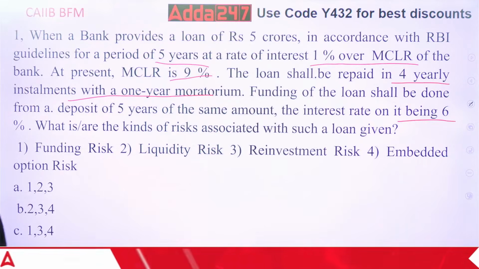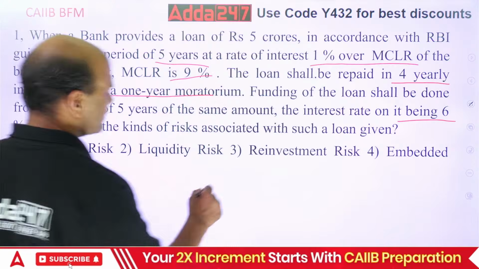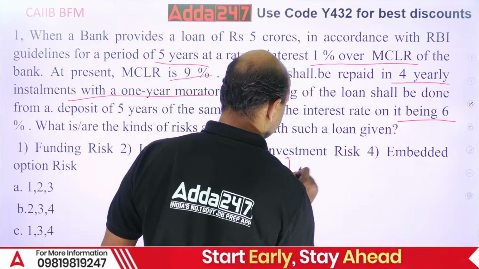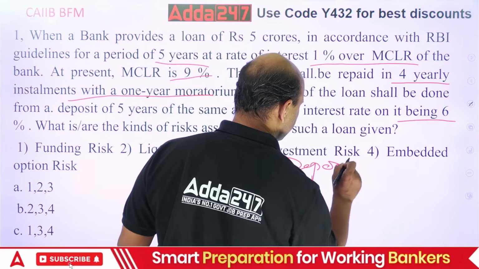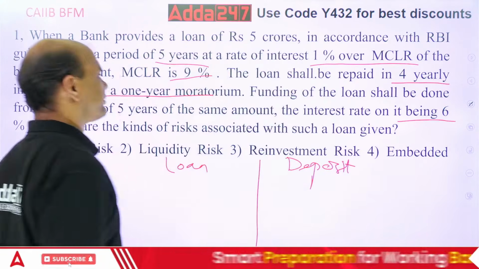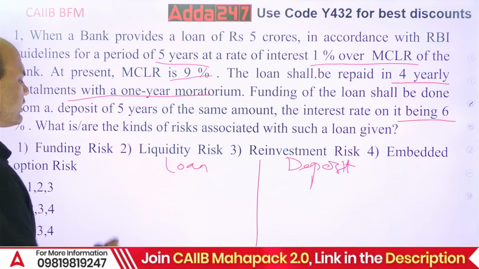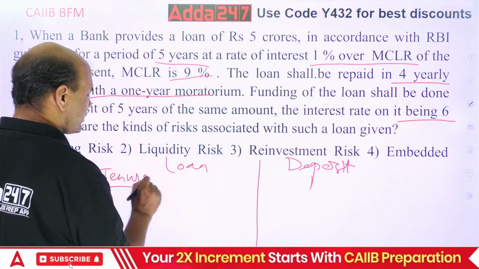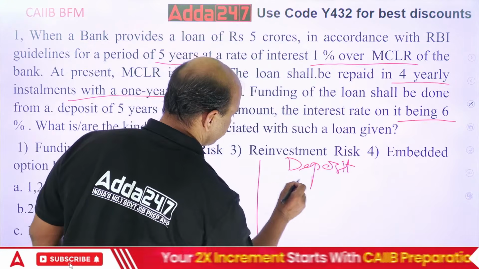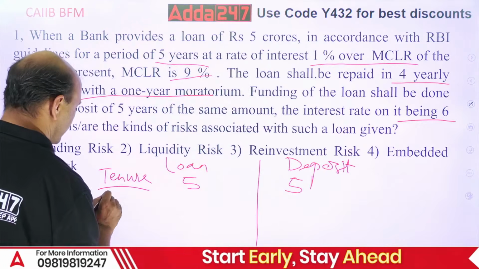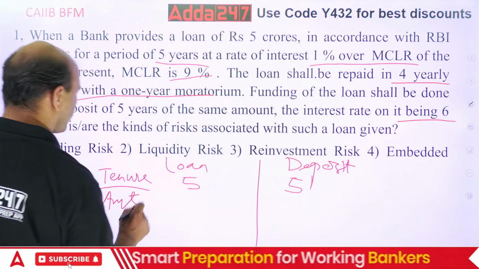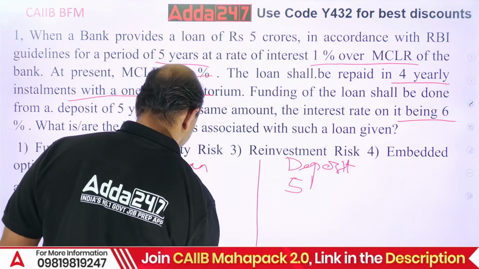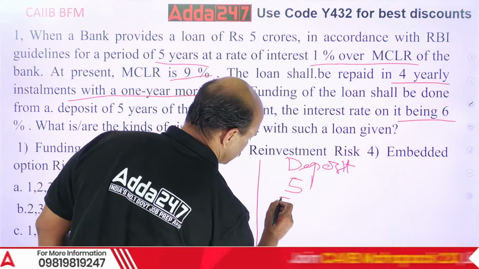Pay attention, there is a loan and there is a deposit. The tenure for loan and deposit, both are 5 years, so that is the same. The amount for loan and deposit is 5 crores and 5 crores. Both are the same.